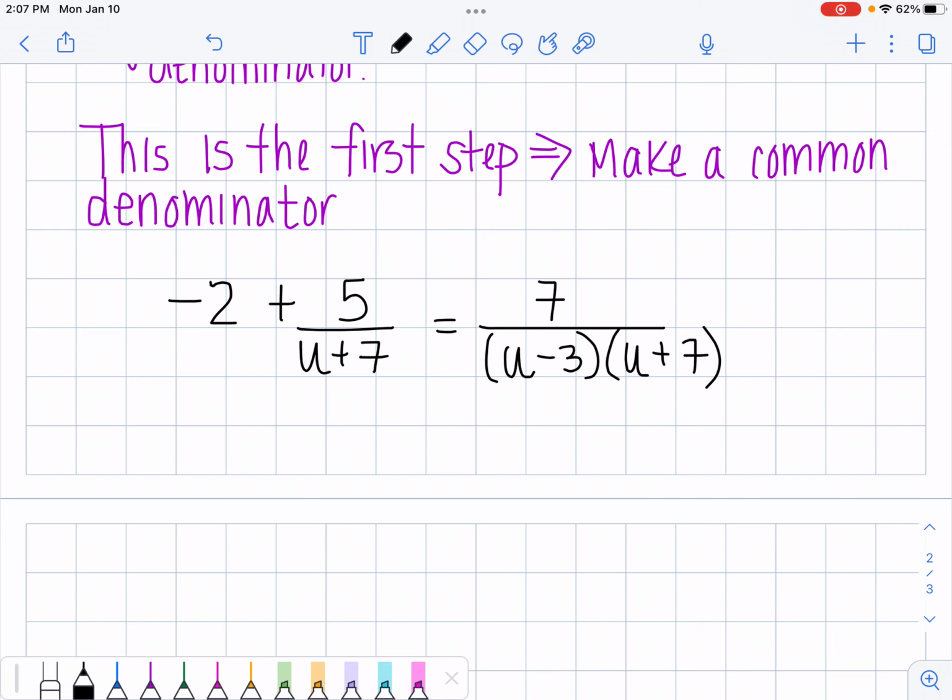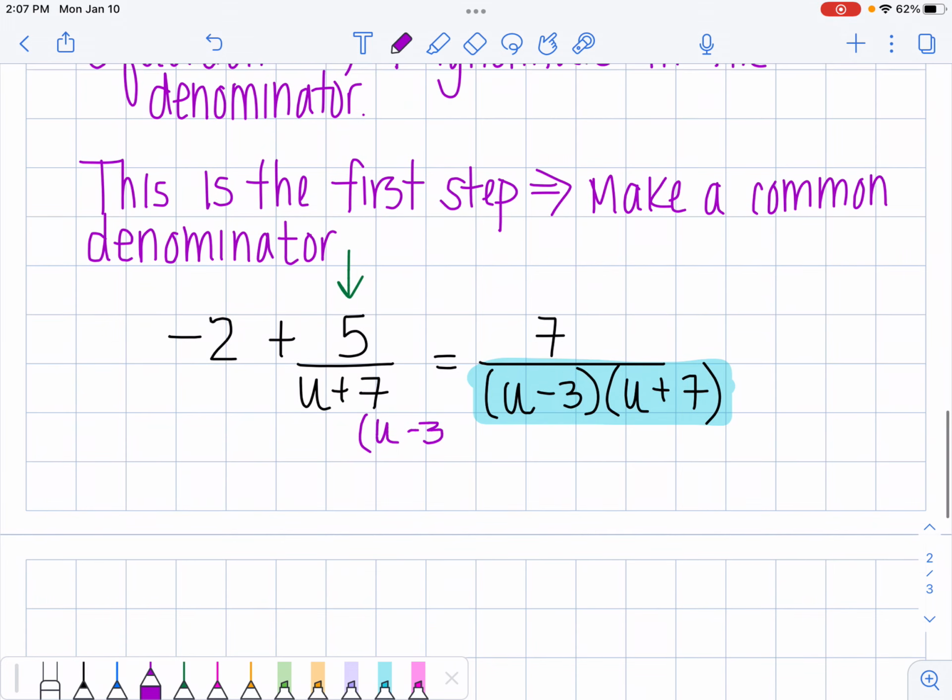If all the denominators have to be the same, all my denominators need to be u minus 3 times u plus 7. This denominator here is missing a u minus 3.